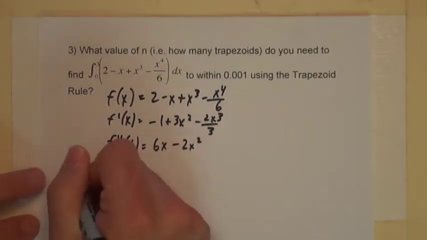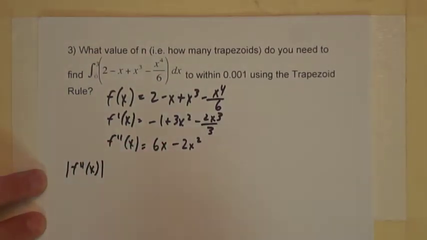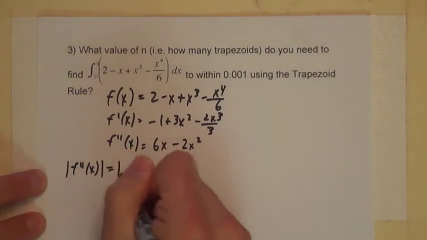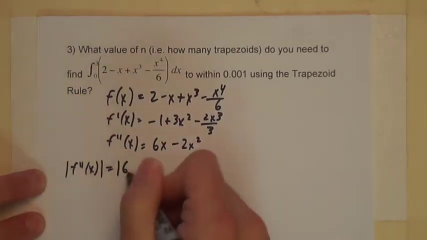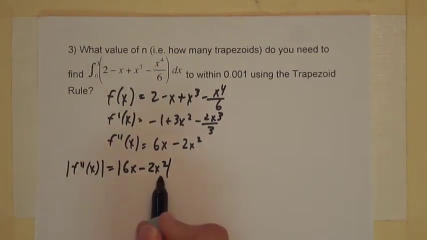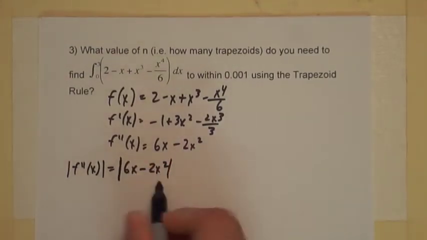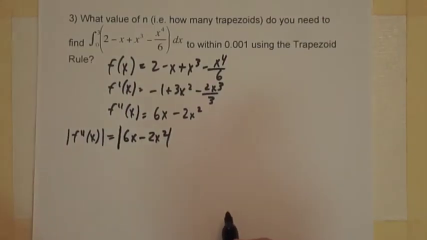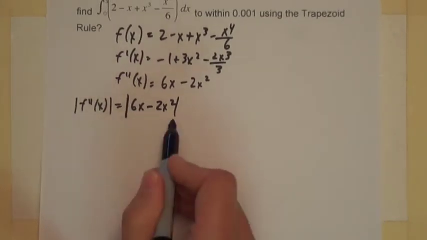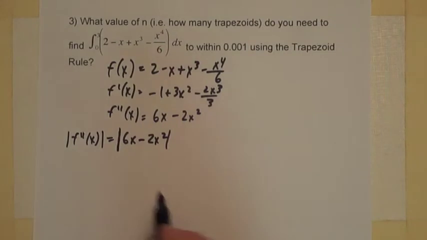Okay. Now, we want a number that's at least as big as the biggest this ever gets. So f double prime of x in absolute value is this thing. Now we have to think about what's the biggest this quantity, absolute value of 6x minus 2x squared, ever gets on the interval from x equals 0 to x equals 3?